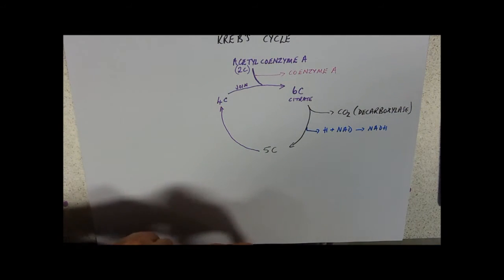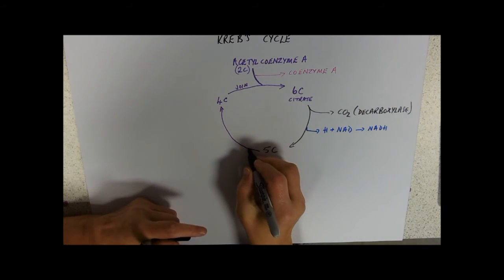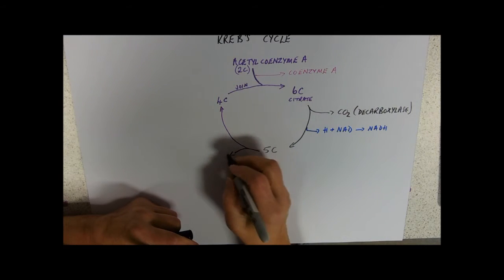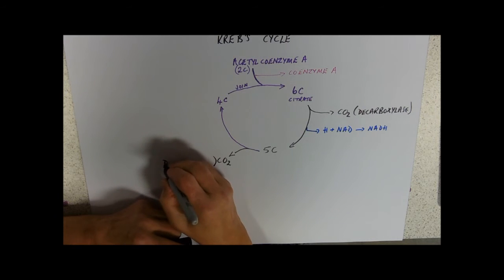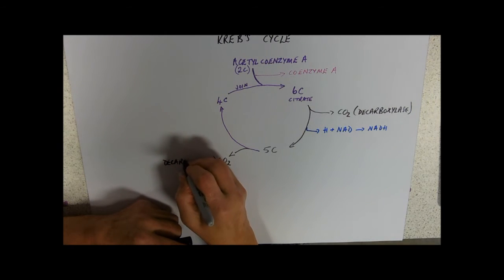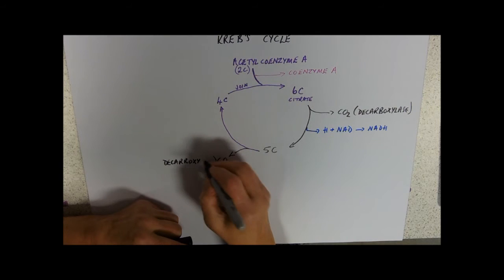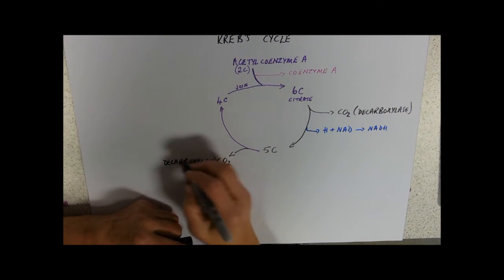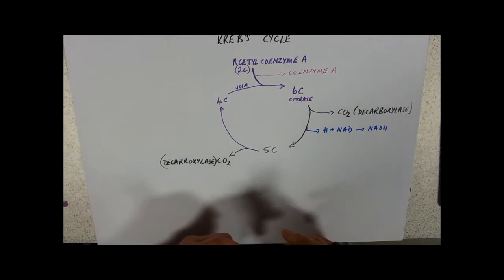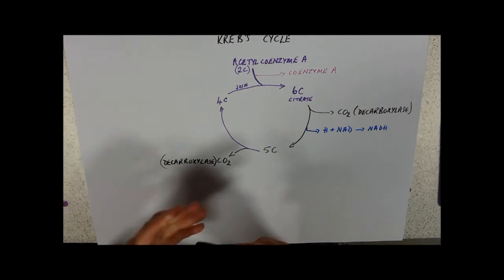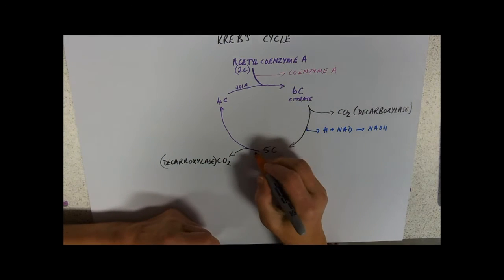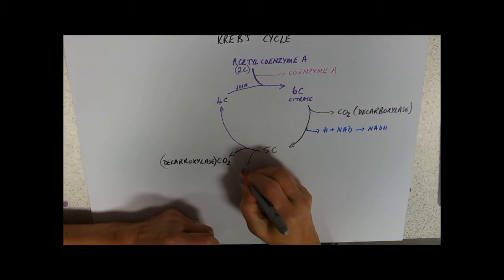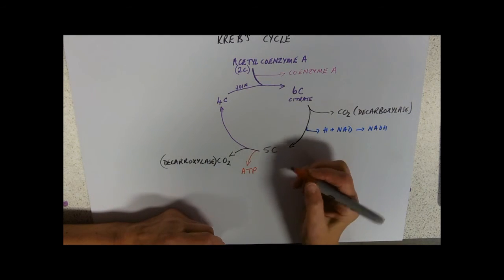So again, to make 5 carbons into 4 carbons, what are we going to do? We're going to take off the carbon dioxide. We're going to use decarboxylase. I'm hoping I've left enough room there. Oh yeah. Oh, look at me with my spatial awareness. And incidentally, again, in that process of removing stuff, we're going to make an ATP.